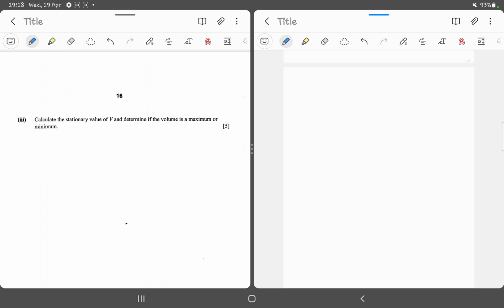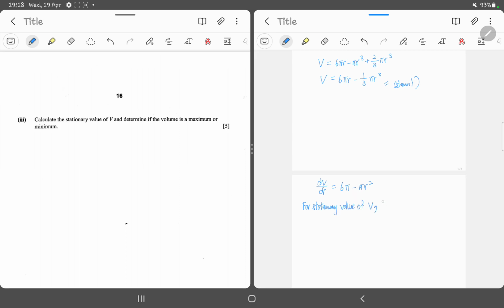When we want to find the stationary value of V, the first thing is to find dV/dr, which equals 6 pi minus pi r squared. For a stationary value, dV/dr equals 0.